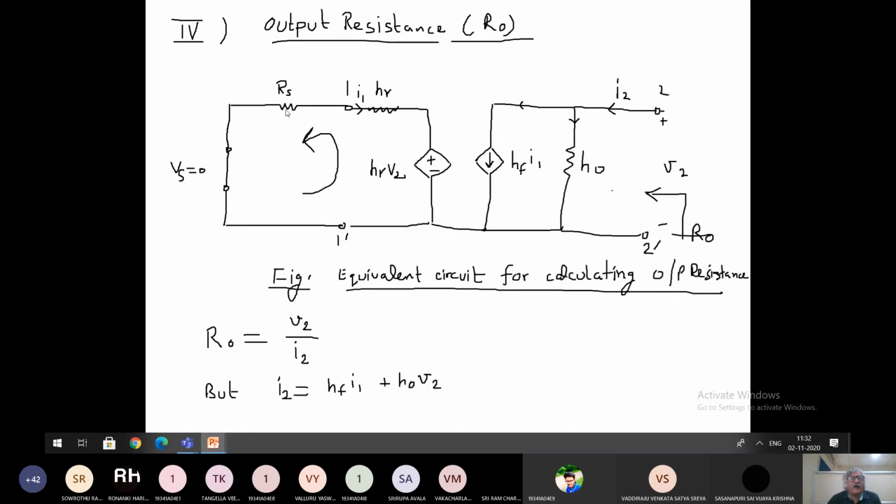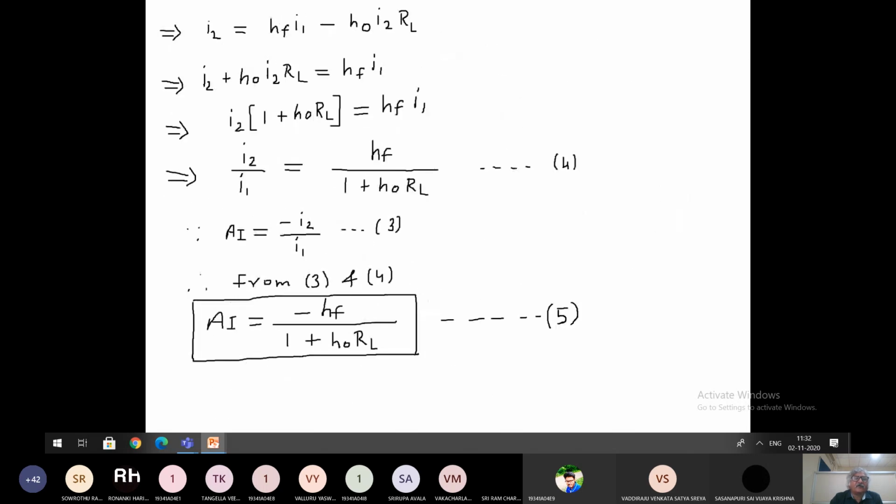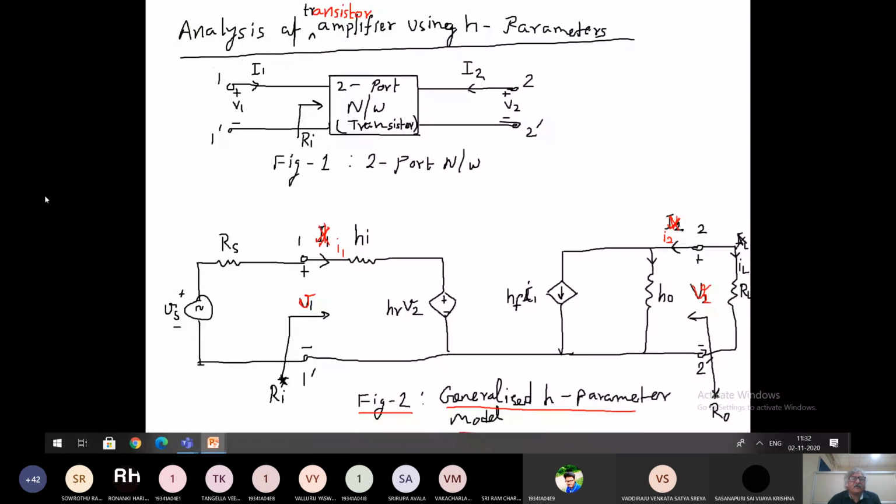See this figure, the voltage source, we kept RS because of this voltage source. Are you getting the voice or not? Yes, sir, audible. So what is this RS?